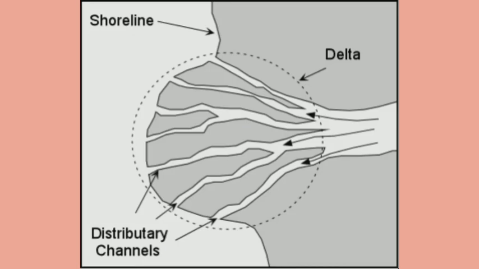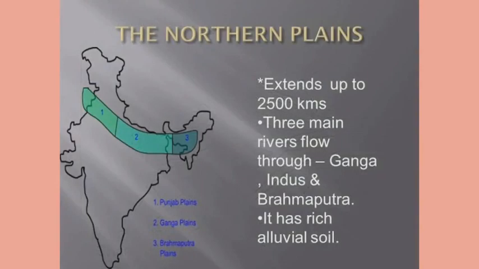So, what is a delta? A delta is a land that is formed when a river enters the sea. It is normally triangular in shape. Children, on page number 26, two examples have been given of the rivers that flow into the sea and form a delta.